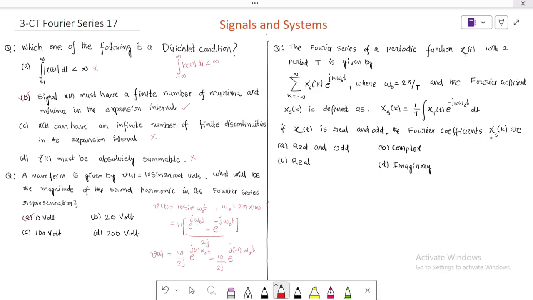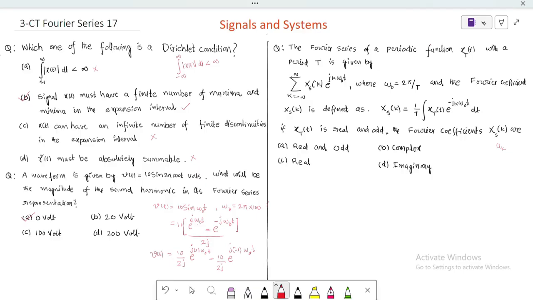In our subject, we have taken this as a k instead of x of k. So x of t is real and odd; what is the Fourier series coefficient? That is the question.